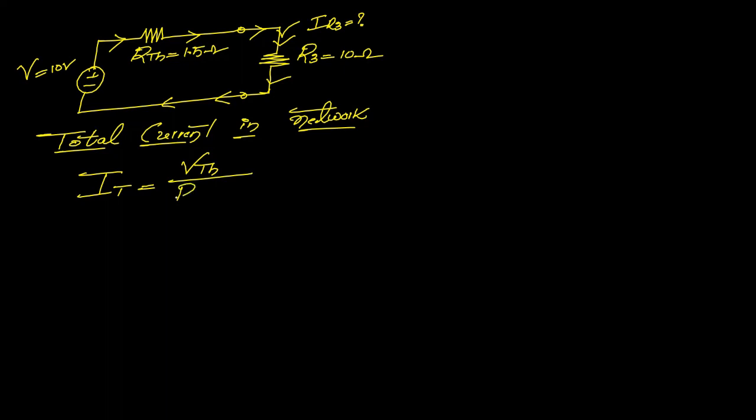then the total current is equal to VTH divided by RTH plus R3. Here the applied voltage for this network is, sorry, this is VTH. So VTH is 7.5 volts. So IT is equal to VTH divided by RTH plus R3. Clear? We know that VTH is 7.5, which we calculated, the value of RTH is 1.5 and the value of R3 is 10.